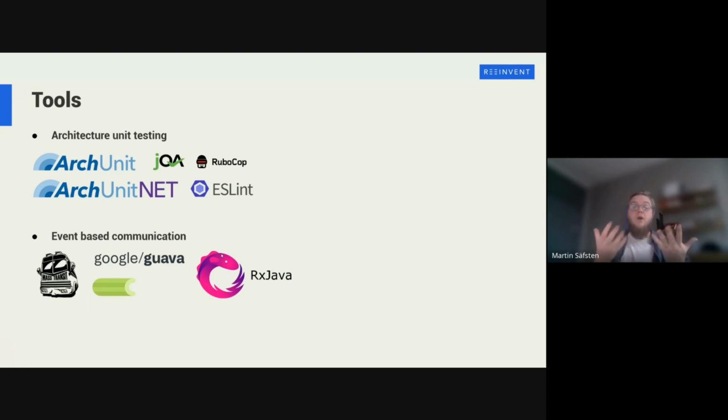And you also prepare for a future with microservices, because in microservices all the communication is event-based or message-based over the network. So having the modular monolith already prepared for that is a good stepping stone for the future.